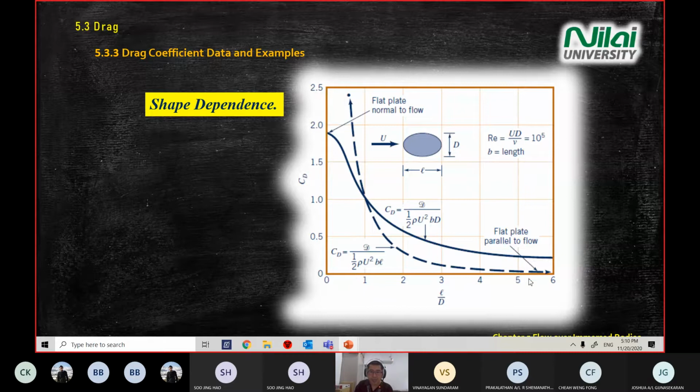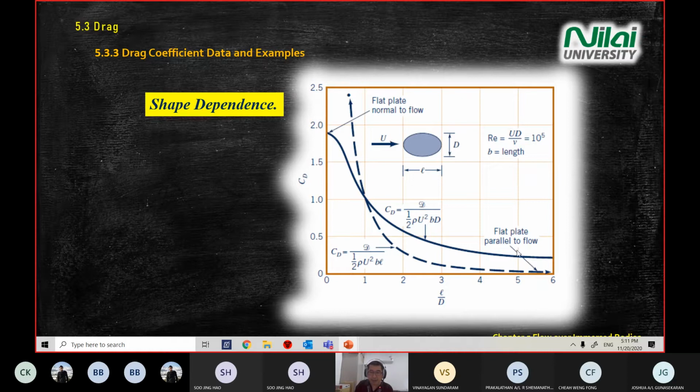Now, what happens if we have 6? If your D is 1 and you fix your D and increase your L, you'll get 6. So at this number 6, it means the length is 6 times the diameter.